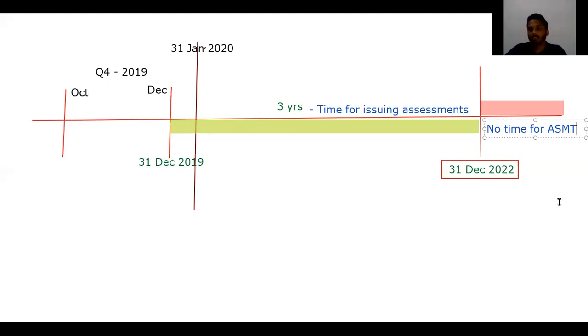I put the short form ASMT. No time for assessment from this date onward. Then the date is with effect from 1st January 2023.